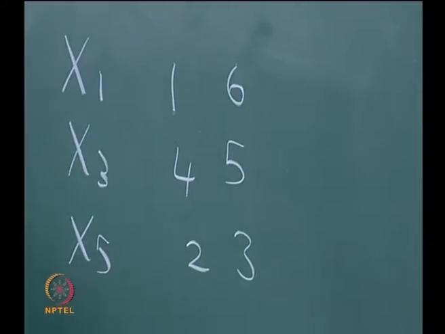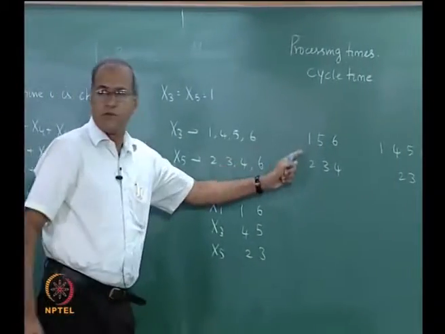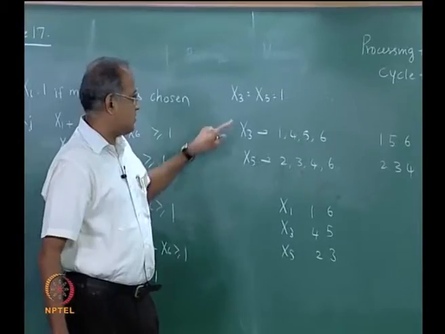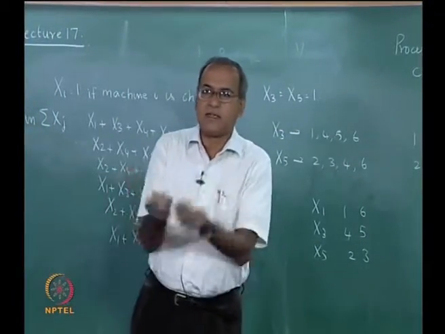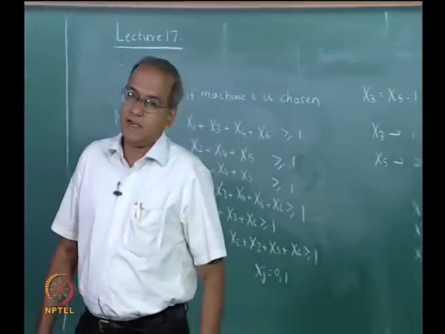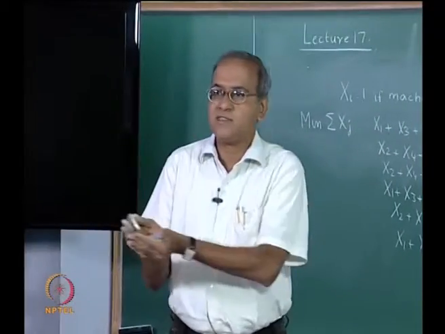Obviously, we won't be able to get a cycle time of 2 by choosing the earlier one. So, a required cycle time may at the end of the day increase the number of machines in the cell.